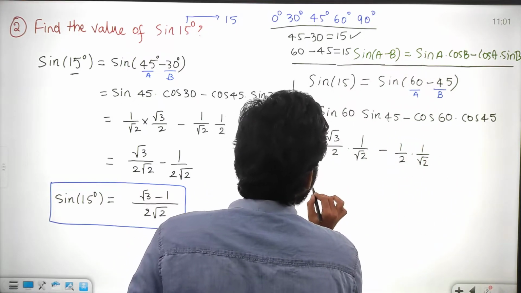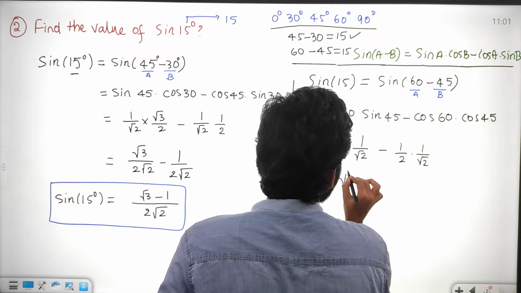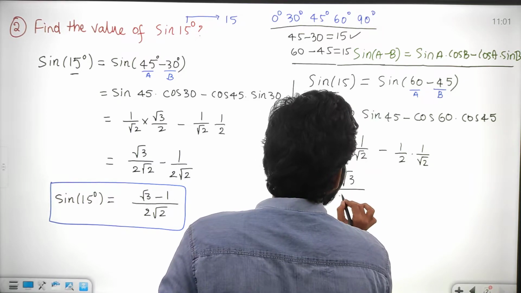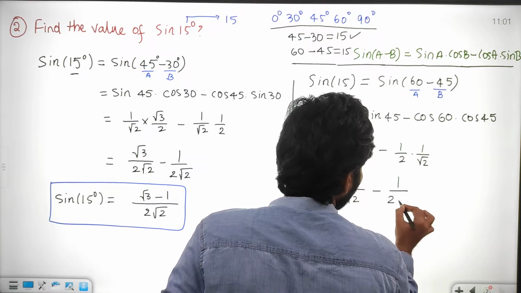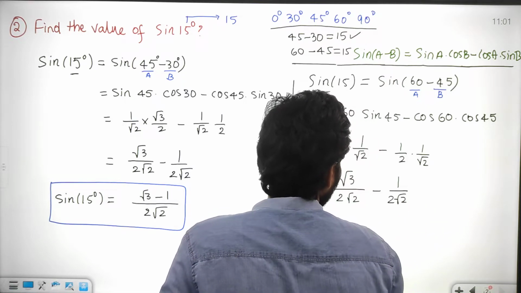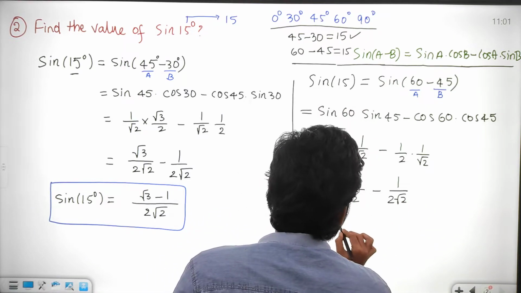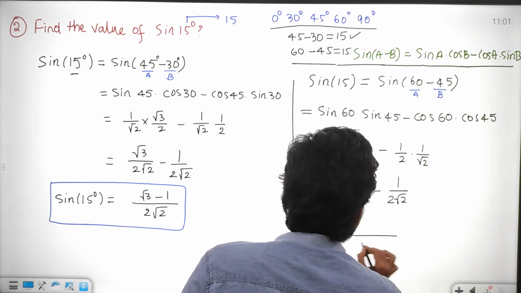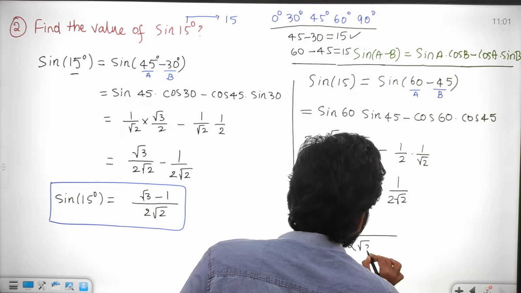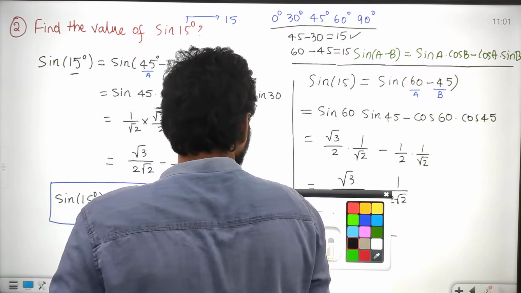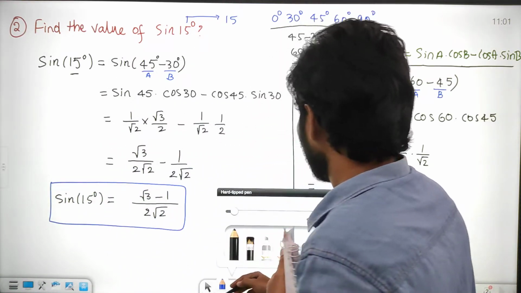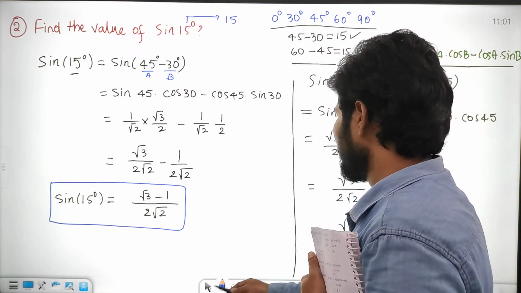Then calculate: root 3 by 2 root 2 minus 1 by 2 root 2. So finally what we get? Take the LCM, 2 root 2, and root 3 minus 1.